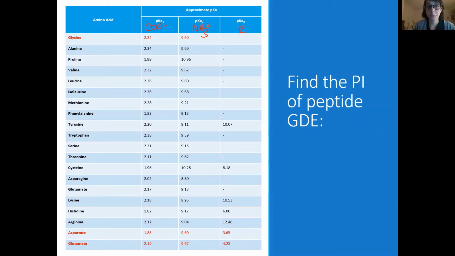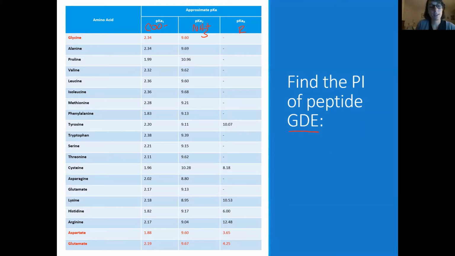So first, we want to think about, for this particular structure, which of these pKa's are important. Well, we already know the peptide that I brought up is this GDE. It's a glycine, an aspartic acid, and a glutamine, or a glutamate, excuse me.